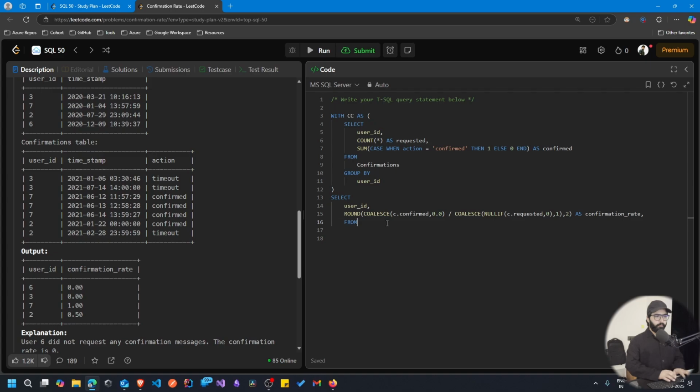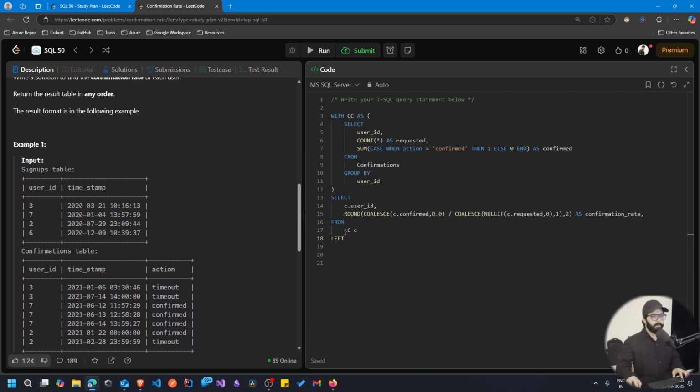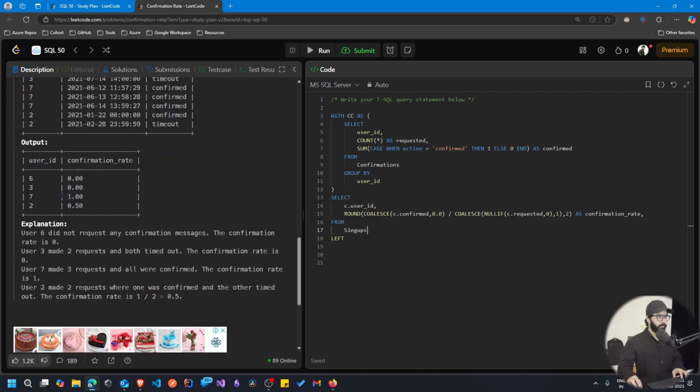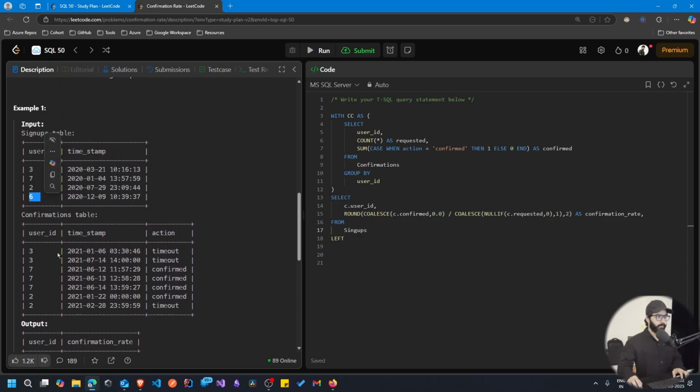Now from, let me put this from here, and give it the alias c, and this would be my c dot user id. I think I should get this from signups. Are we getting the 7? Because yeah, we have to get all of them, like 6, even though 6 did not request or confirm anything.